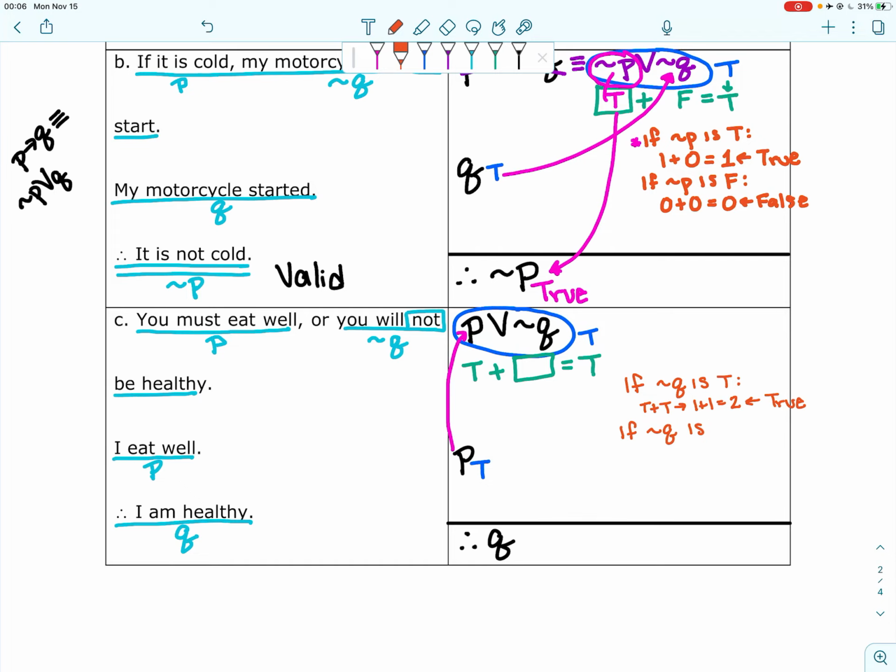Let's just try that letter again. What if it's false? We have a true statement in P plus a false statement in not Q. So that's 1 plus 0, and that's 1, which is also a true statement.